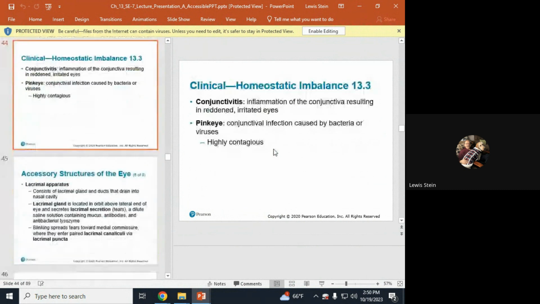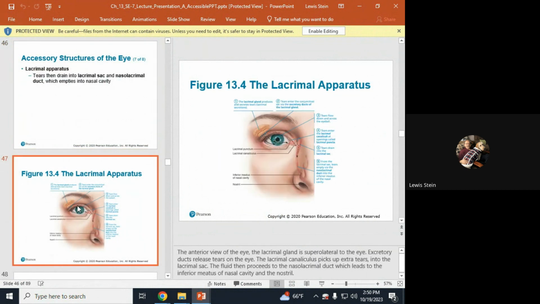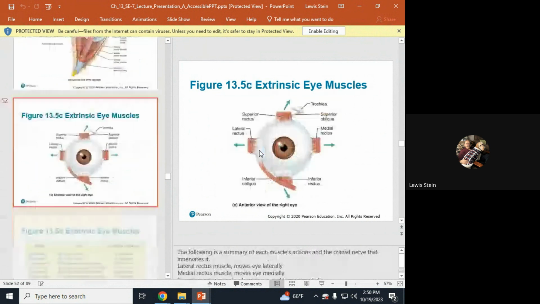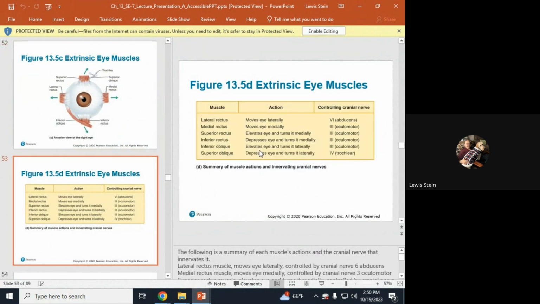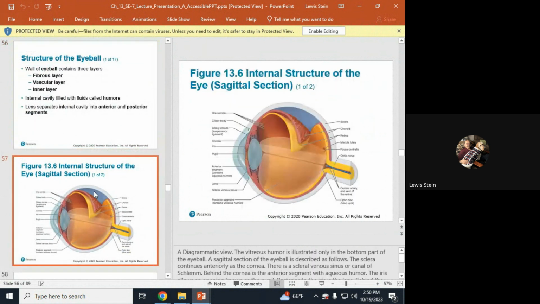And the one you will certainly see a lot of is this. You might see this one with the lacrimal apparatus. But the big one, and I don't generally use these for the extraocular muscles. The one that is coming is this one.